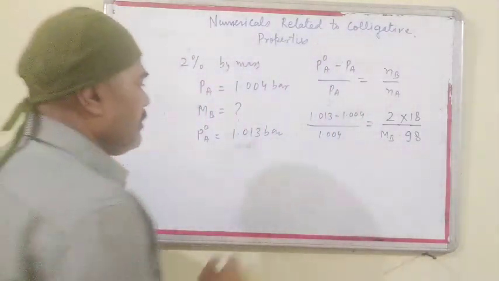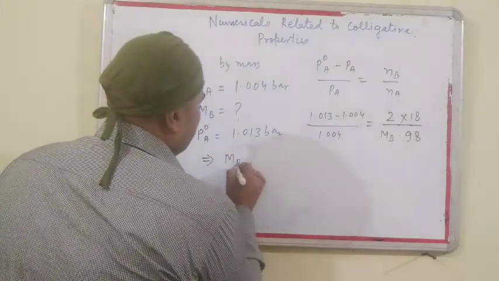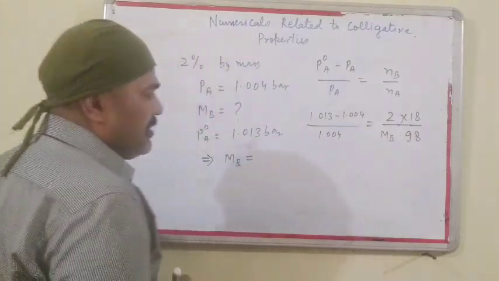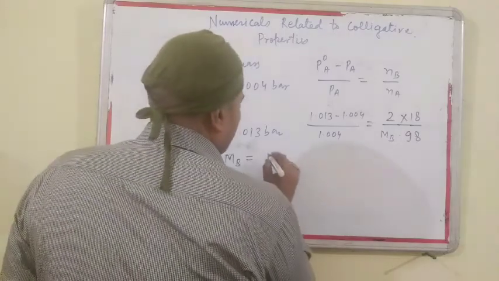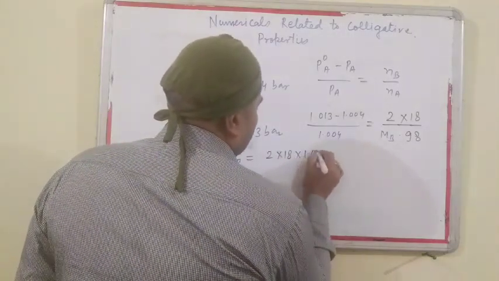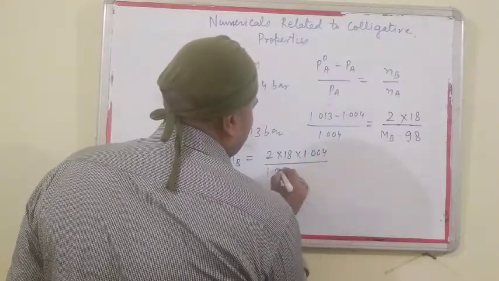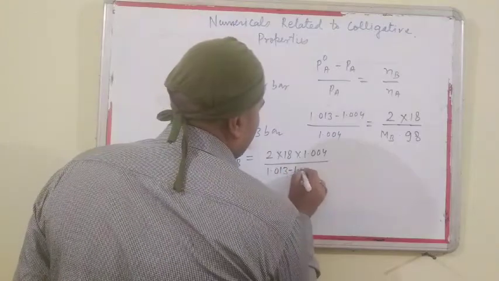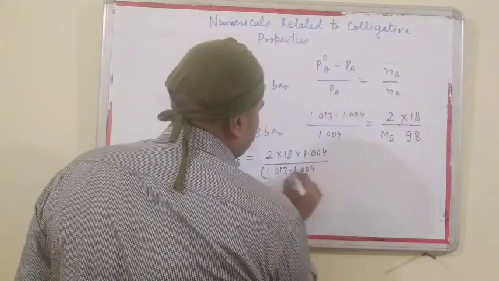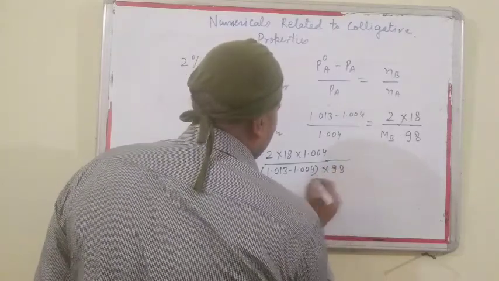Okay, now on transposing this, MB may be written as 2 into 18 into 1.004 divided by 1.013 minus 1.004 multiplied by 98.